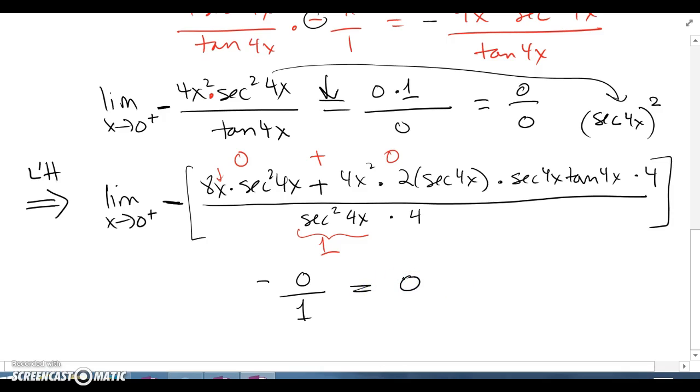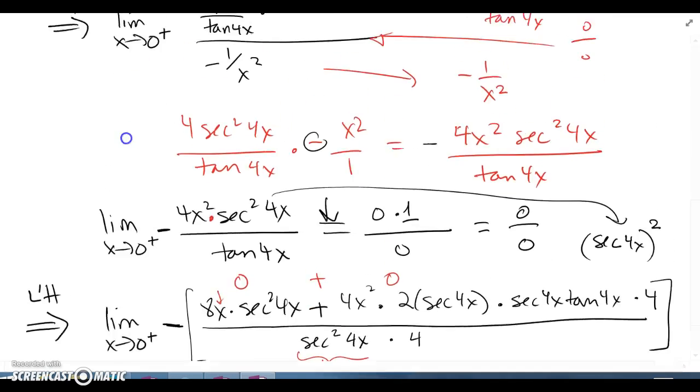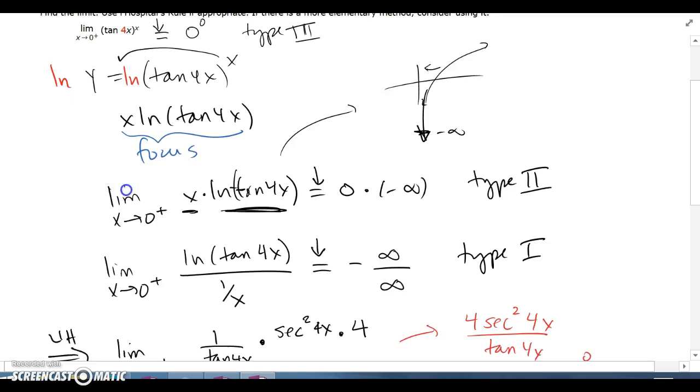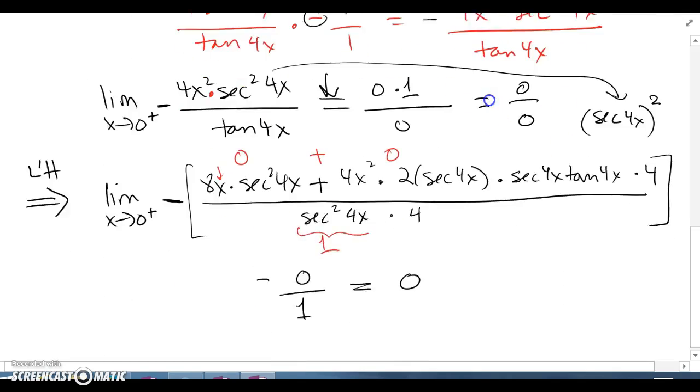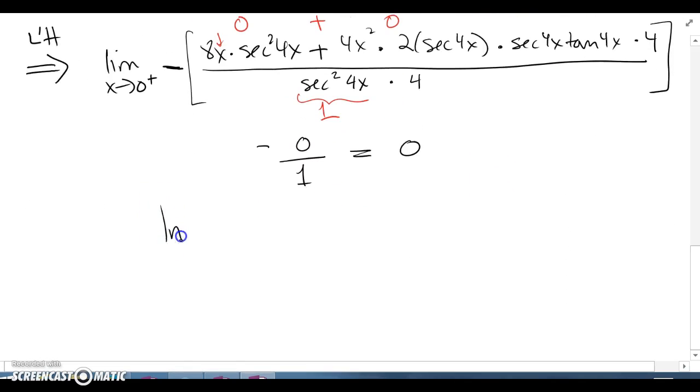But don't forget, you had exponentiated things, so what we just found is that the side we focused on goes to 0, but I still have to figure out what happens to y, which is what I called this guy. So ln of y is what goes to 0 after this analysis, and you have to remember to exponentiate both sides.